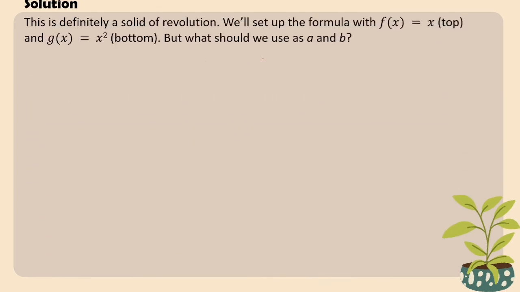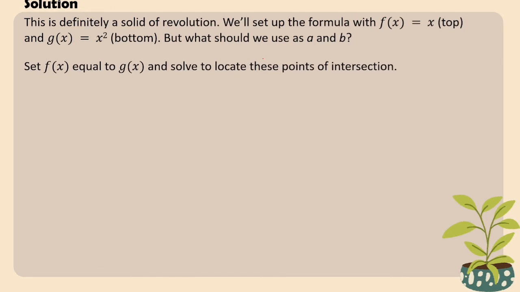Now for the solution, this is definitely a solid of revolution. We'll set up the formula with f of x as x, our top, and g of x as x squared, our bottom. But what should we use as a and b, our limits of integration? We'll set f of x equal to g of x and solve to locate the points of intersection.